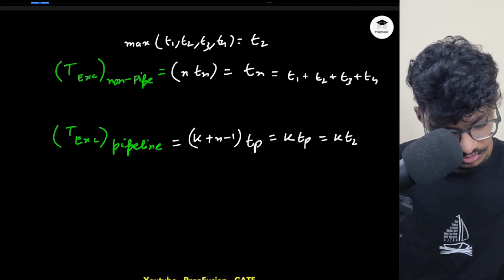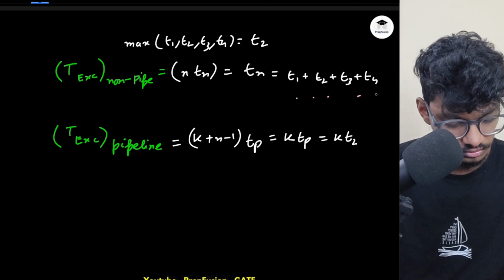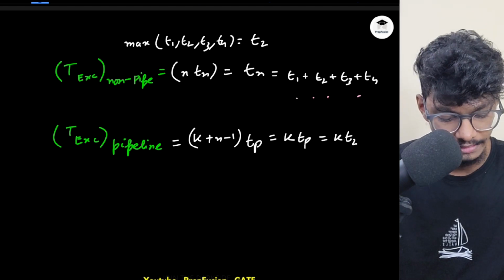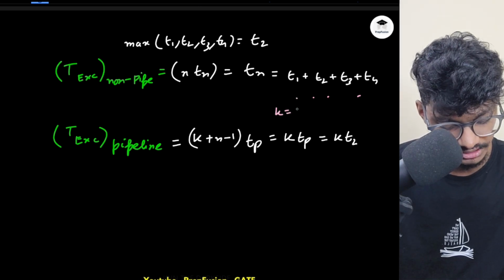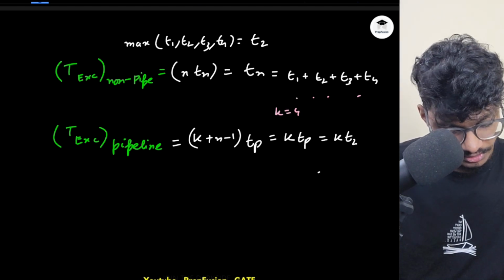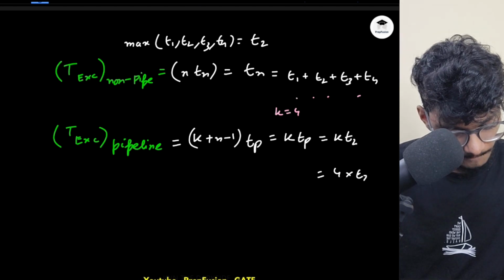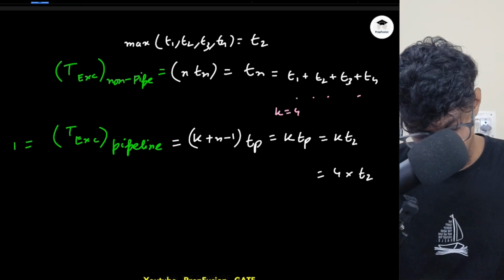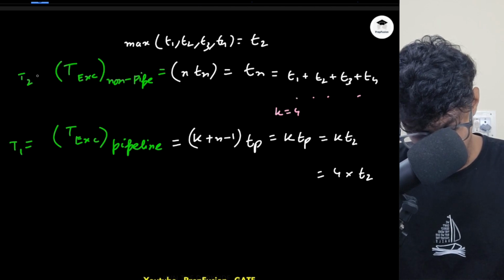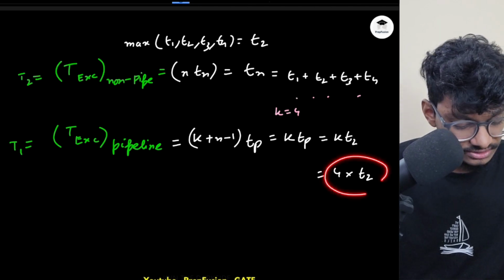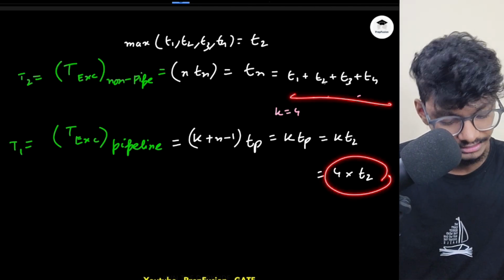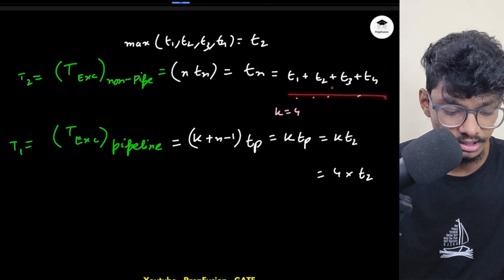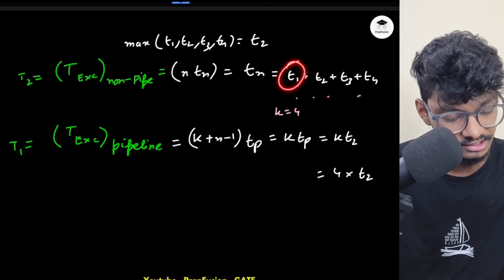So this is also K only. So here my K is 4, that is my assumption. So this will be 4 times T2. So what I can observe is that this is my T1 and this is my T2. This is 4 times my T2, and I am also adding 4 times here, but not T2 actually, not the highest value. I am adding lower values.